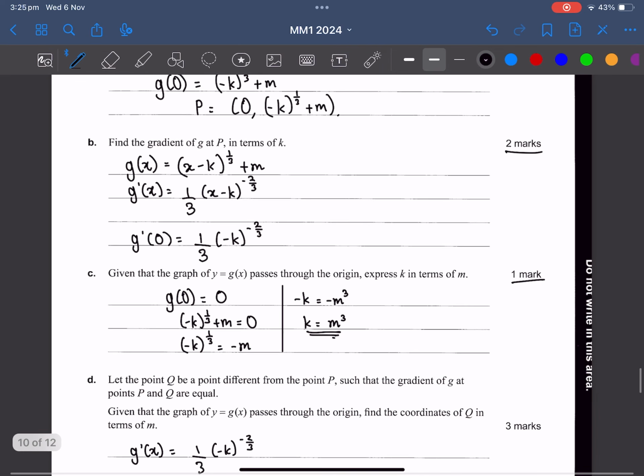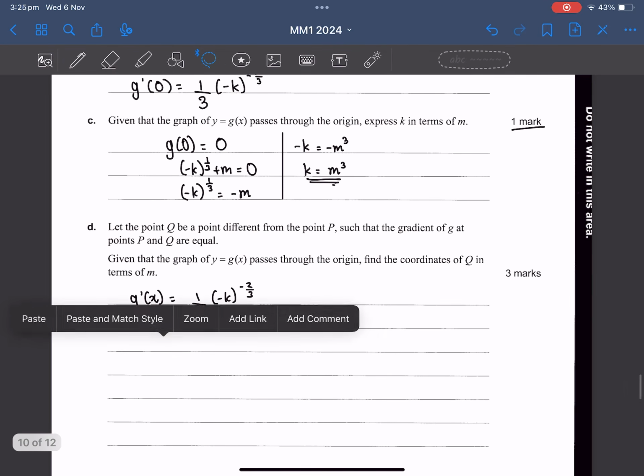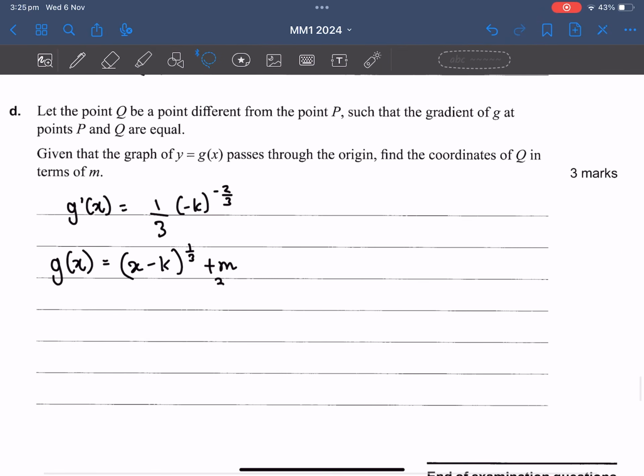Where's my equation? I'll just copy and paste this to save time. Okay, I don't need that.